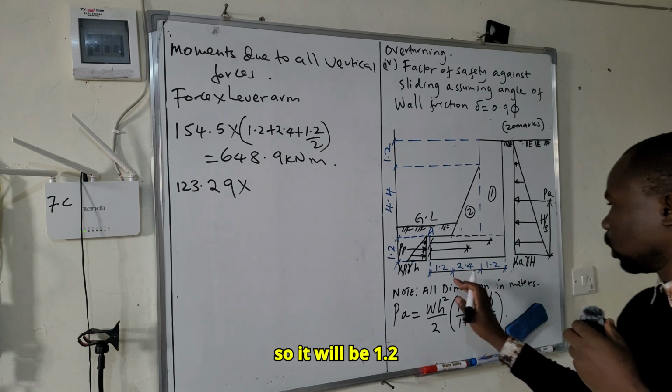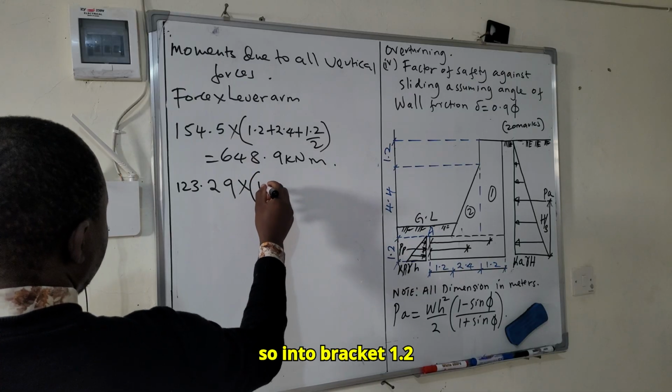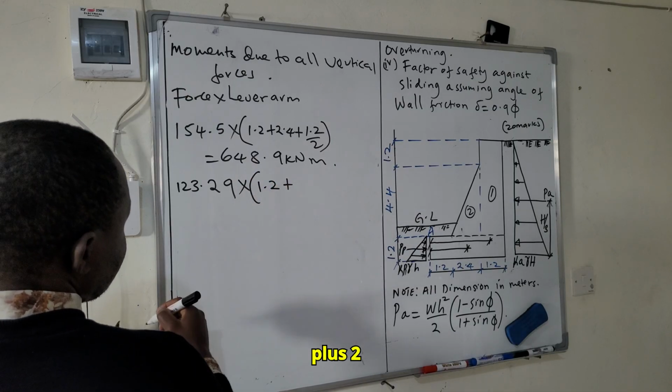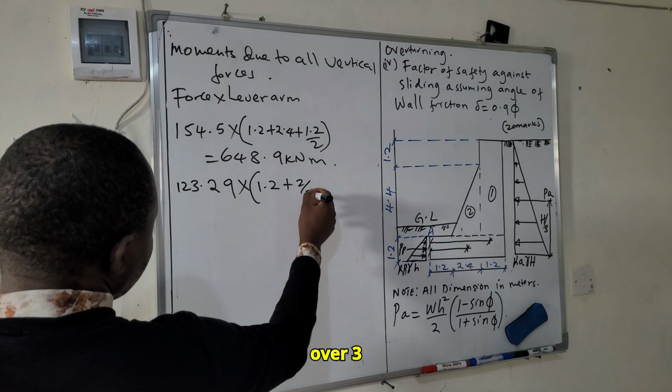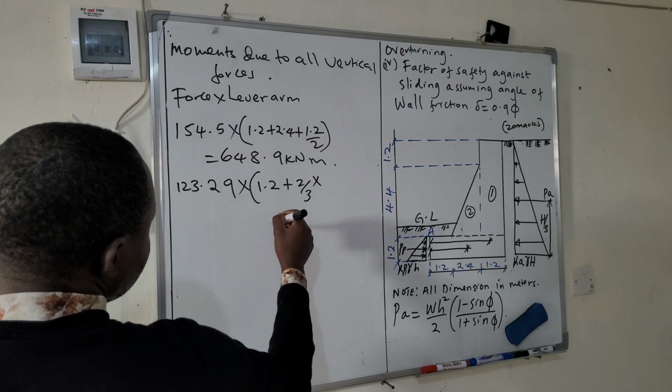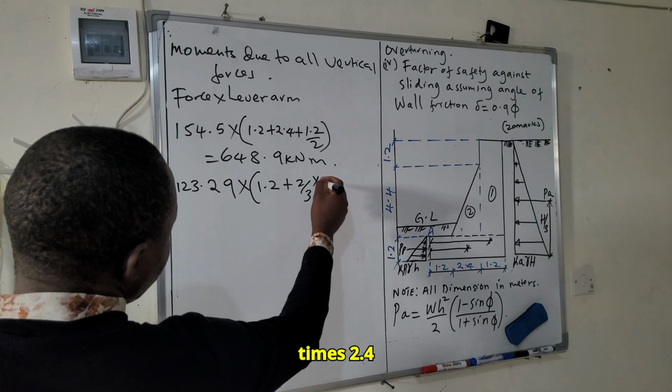So it will be 1.2 plus 2 over 3 times 2.4.